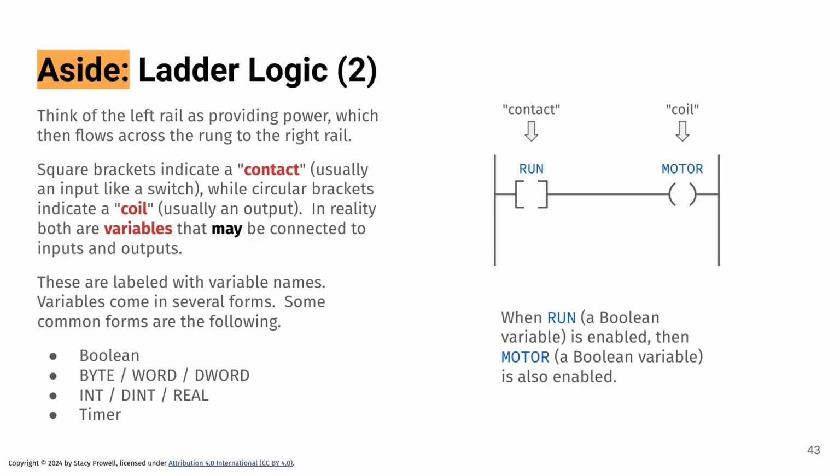And then with the round brackets, that represents a coil, like a motor coil or a light. And so typically the square brackets are inputs. The rounded brackets are outputs. And by convention, we put the inputs over on the left, the outputs over on the right. And that's how we organize it.